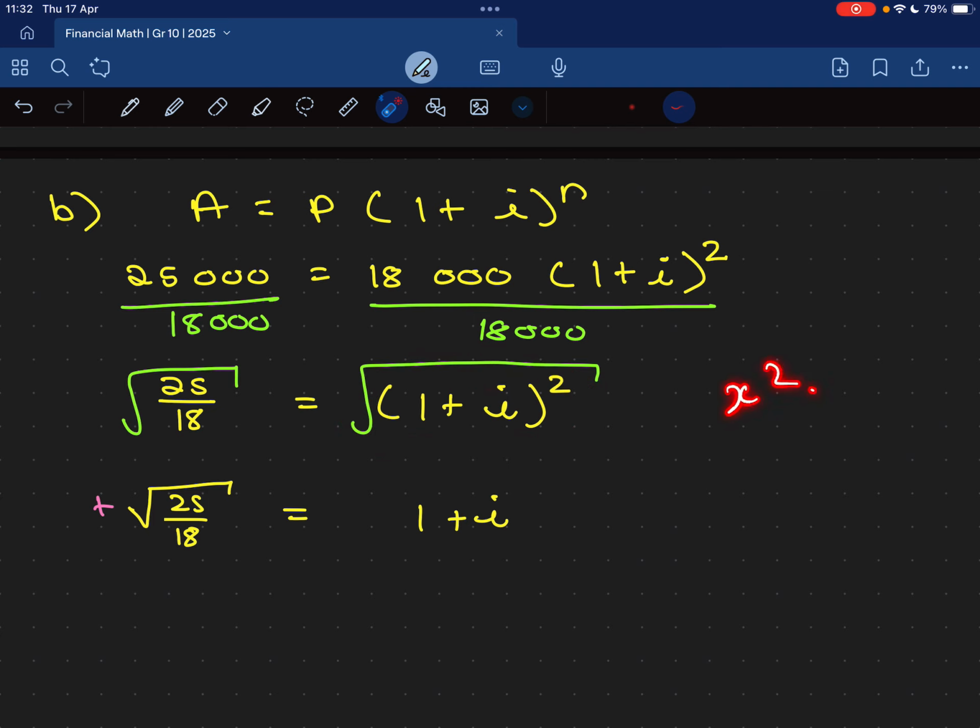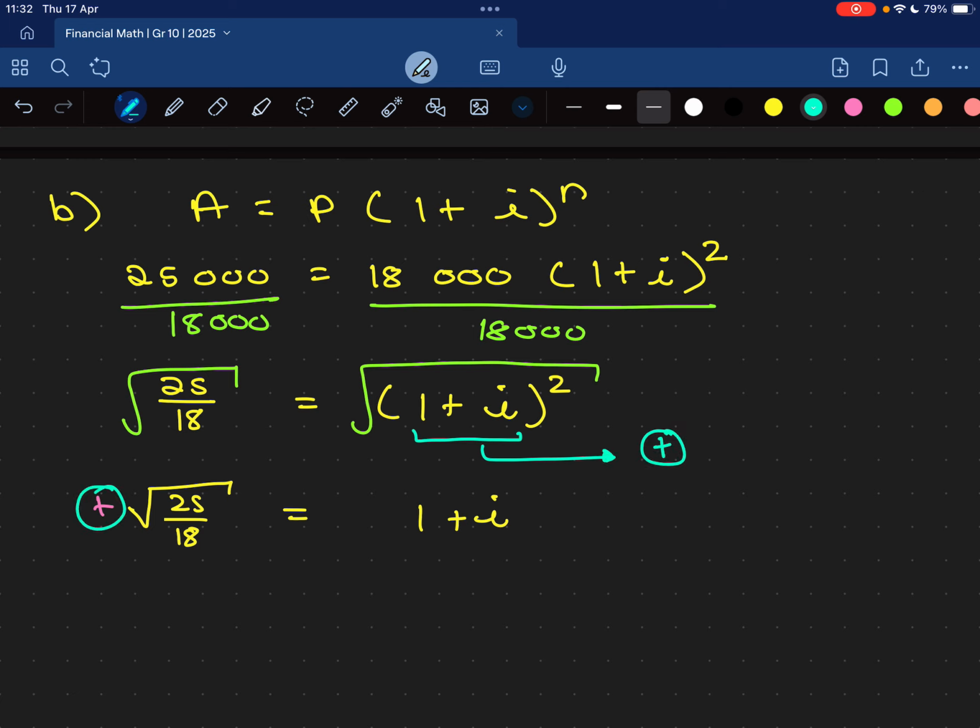When x squared is equal to 9, we don't know what x is. That's why we do plus minus 3, because x could be either positive or negative, but this value here cannot be negative. It would be impossible. So the value underneath this root must always be positive, which is why we always take the positive root.